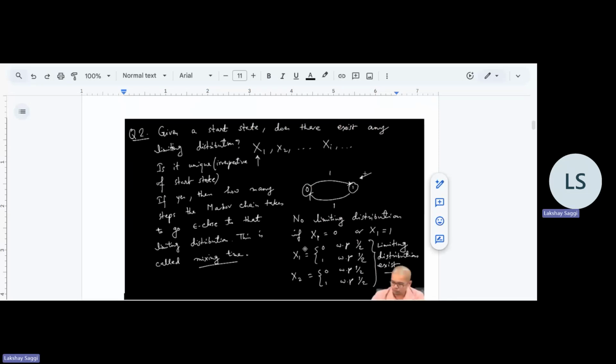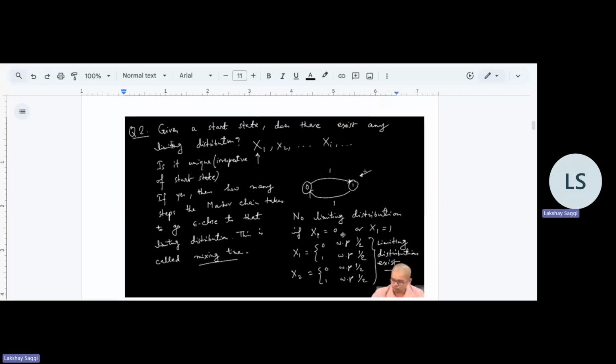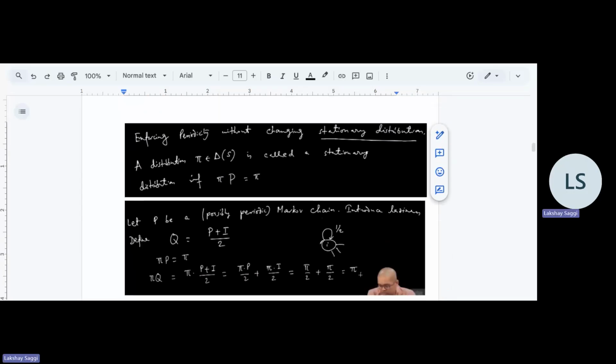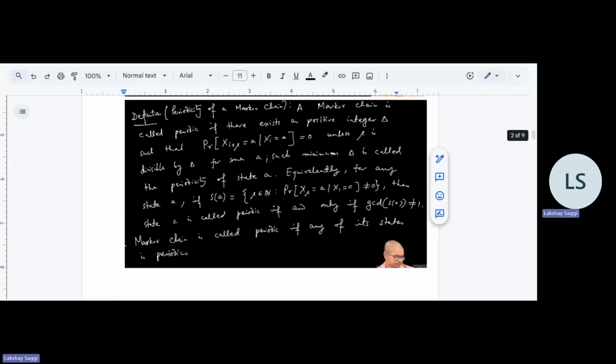So this is actually a stationary distribution for this Markov chain. These stationary distributions are actually important objects.